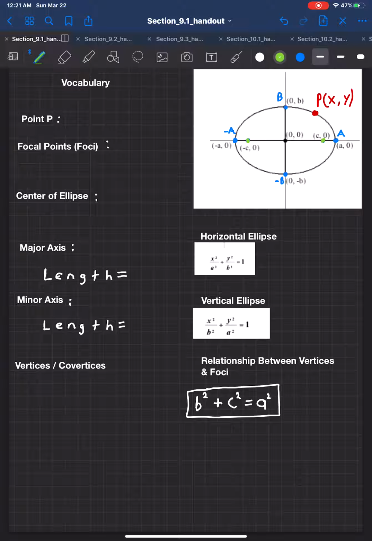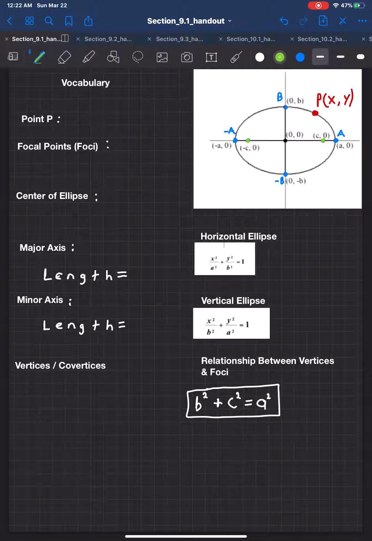Although the focal points are not on the ellipse, for example, point P is on the ellipse, but the focal points are not, they are what are needed to define the ellipse.